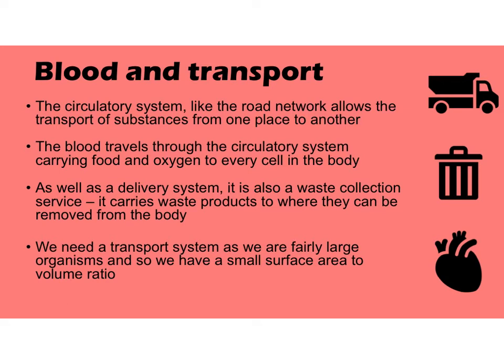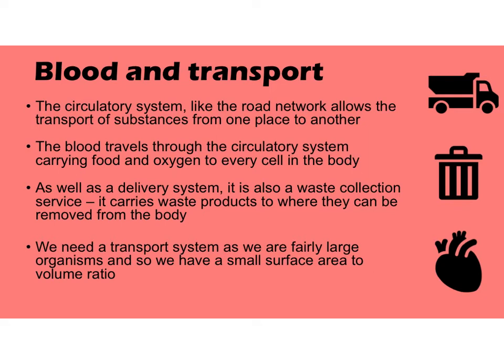So first we're going to look at blood and the circulatory system as a transport system. So our circulatory system is like a road network. It allows the transport of substances from one place to another. The blood travels through the circulatory system carrying food and oxygen to every cell in the body.